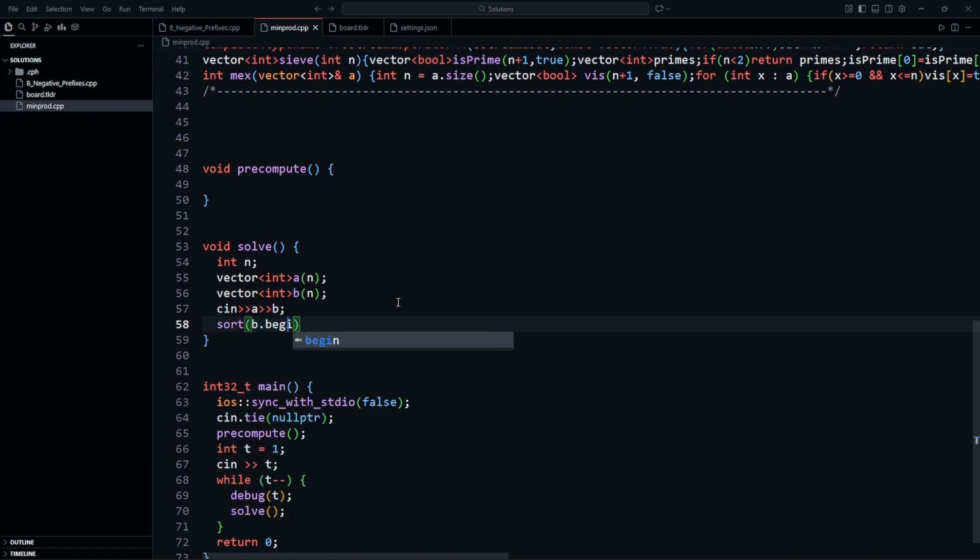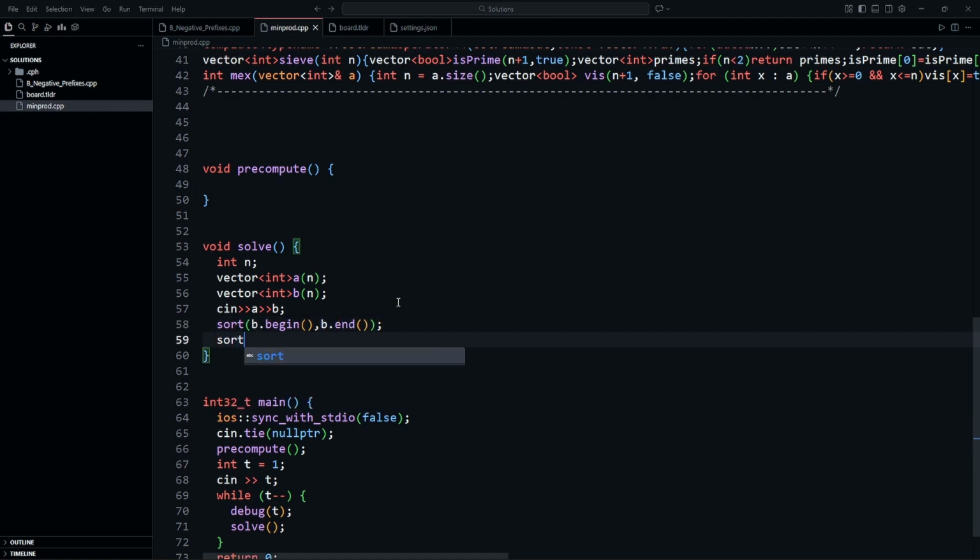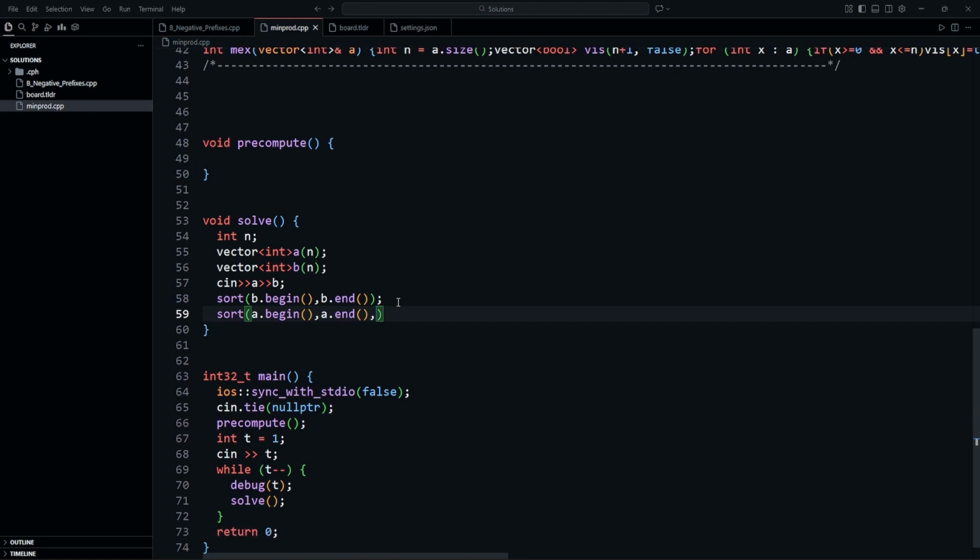I should sort b in ascending order, and I should sort a, from a dot begin to a dot end, in descending order.